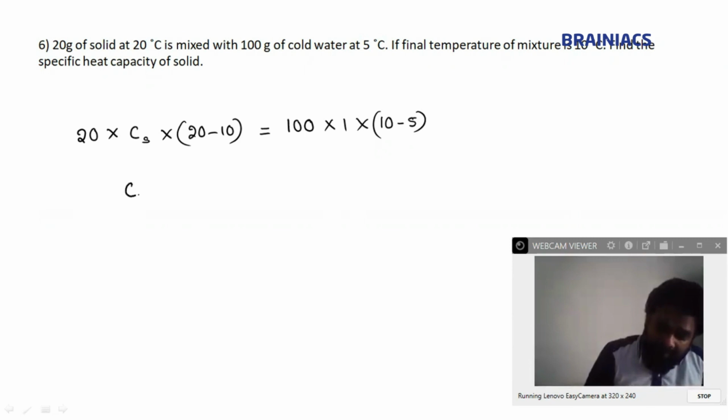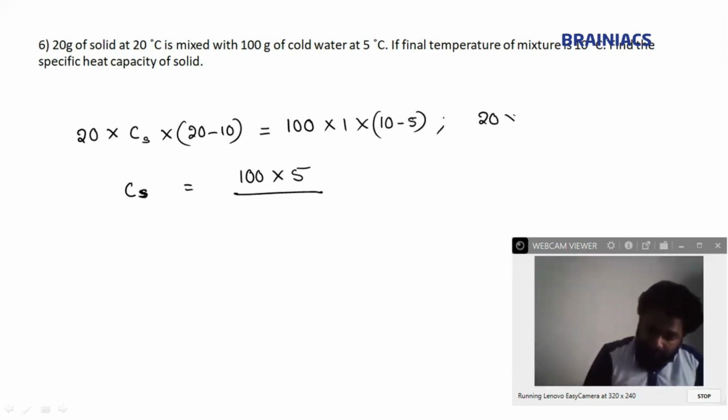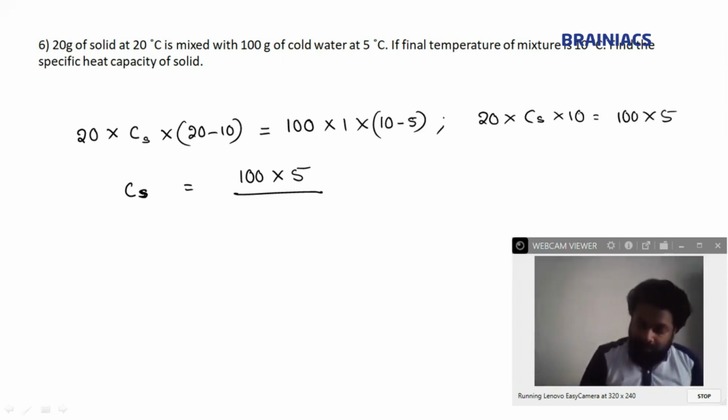Okay, so CS, specific heat capacity of that solid, is equal to what? So here we will be getting 20 into 10, 200. So 100 into 5 divided by, what will happen this side? 20 into CS into 10 is equal to 100 into 5. Okay, so this thing we can cancel here itself.